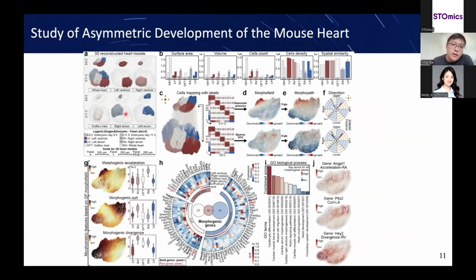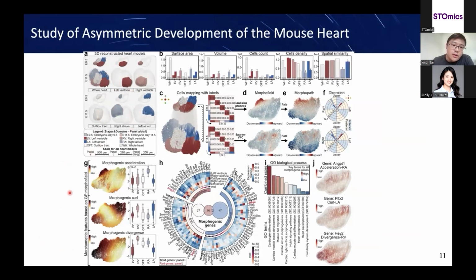As we know, the heart has 4 chambers, while the left ventricle is derived from the first heart field in the early stage, and the other 3 chambers are mostly derived from the second heart field.